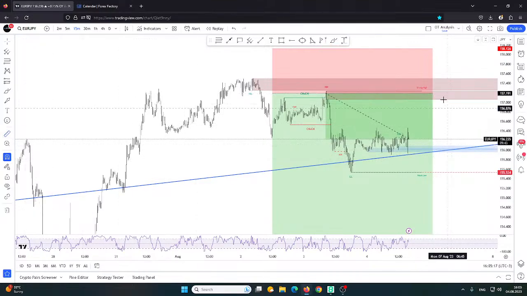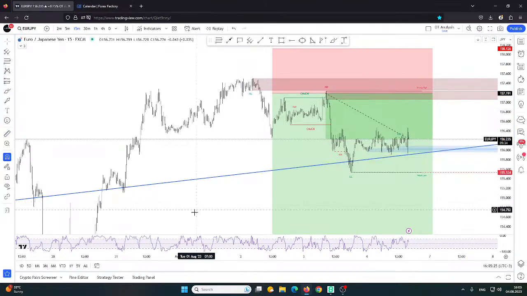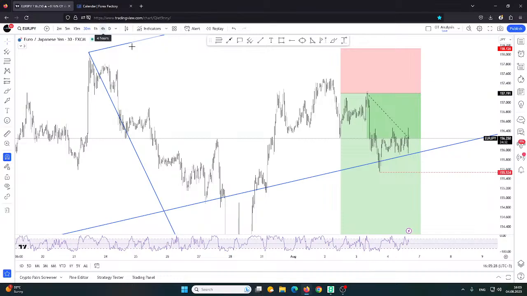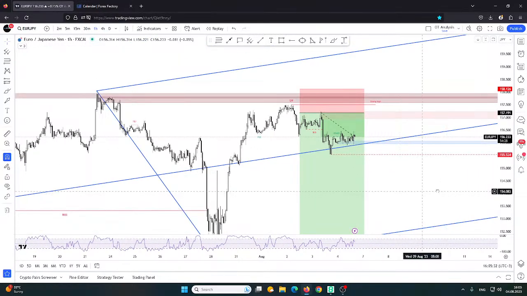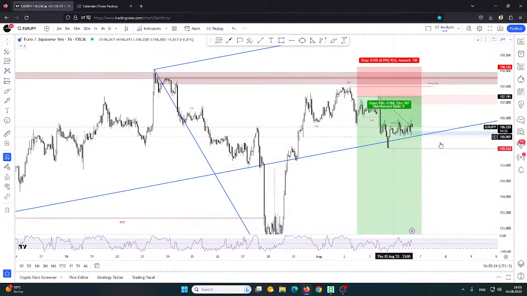Yeah, 95, 96 pips in profit here in Euro Japanese yen, and you can see here that the price reached my medium line.